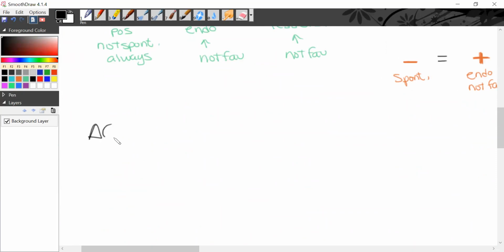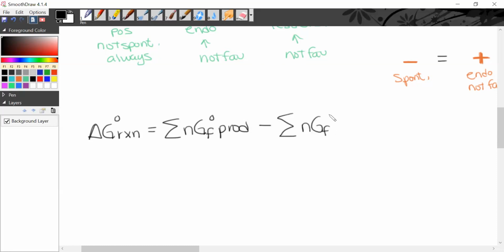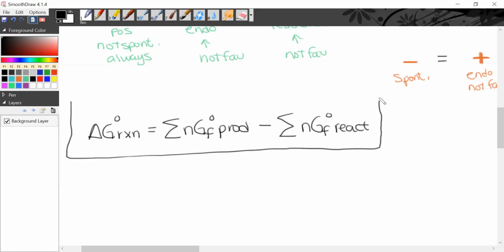You can get a delta G for a reaction, a standard delta G, by using the G's of formation of the products minus, are we sick of this equation yet? The G's of formation of the reactants. All right, so those are just standard free energies of formation.